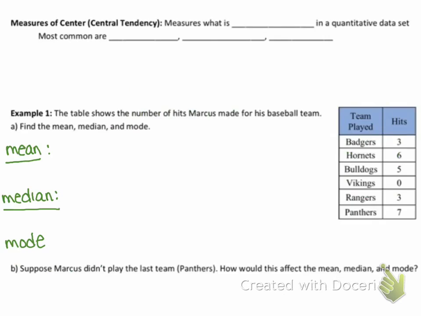So when we're talking about quantitative, where we can summarize using a single number, we're talking about mean, median, and mode. These measure what is average. In a quantitative data set, the most common are mean, median, and mode.